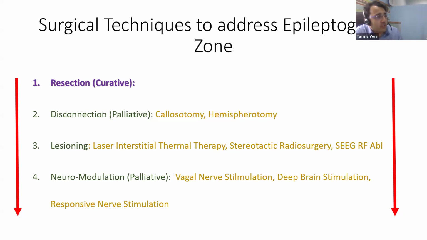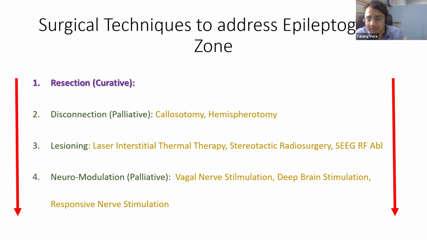For me, neuromodulation is more like homeopathy. Nobody knows how it's working, but it does work sometimes. And there is no scientific way of us being able to prove how exactly neuromodulation is helping patients with epilepsy. It does bring down the seizure frequency, but it is not a cure. None of the last three are cure.